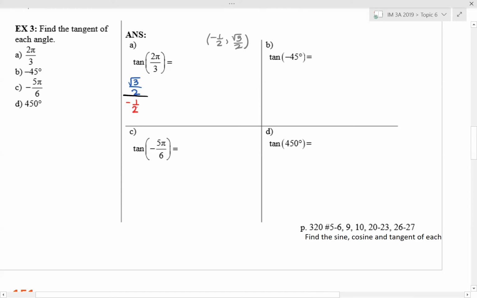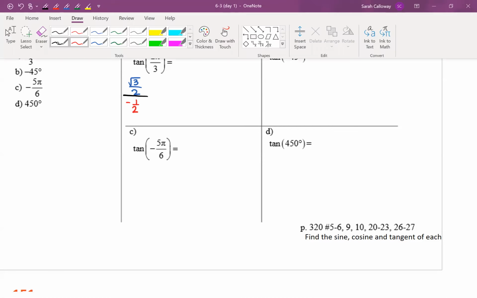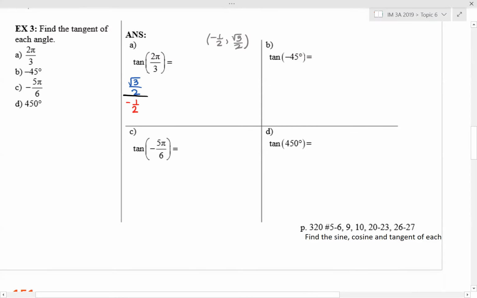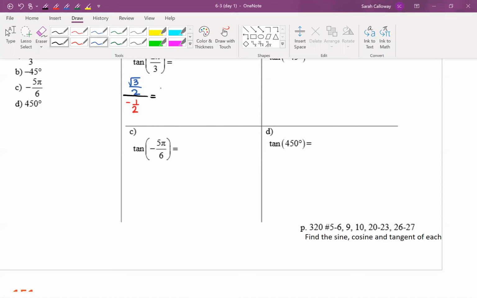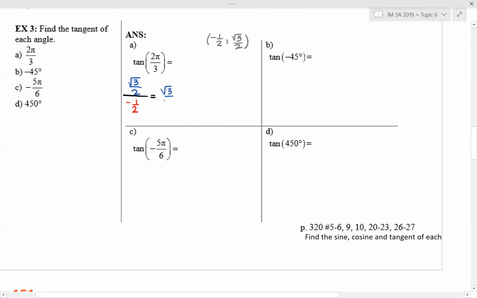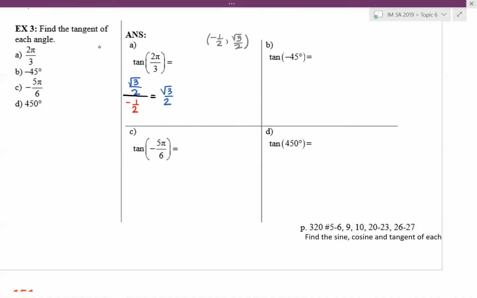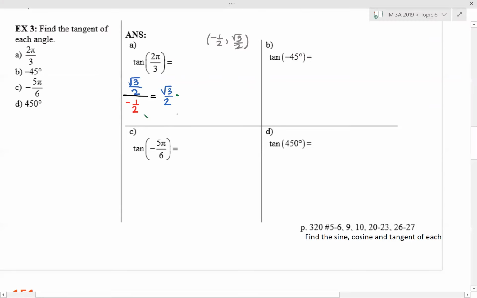And so we don't just leave our answers like this. We don't use complex fractions as a solution. What we have to do is simplify. And so remember that if I have a fraction over a fraction, I take my numerator, which is radical 3 over 2, and I multiply it by the reciprocal of my denominator.